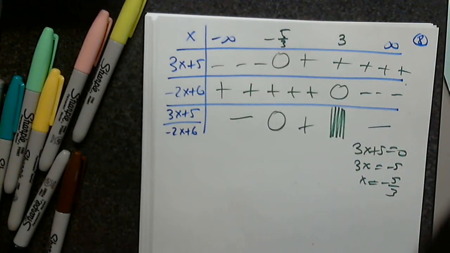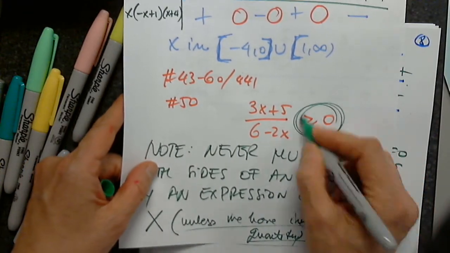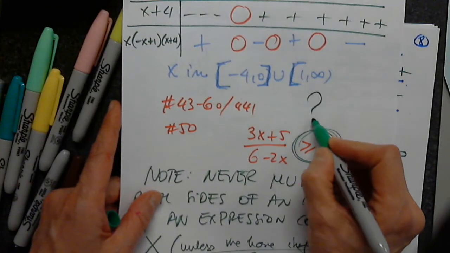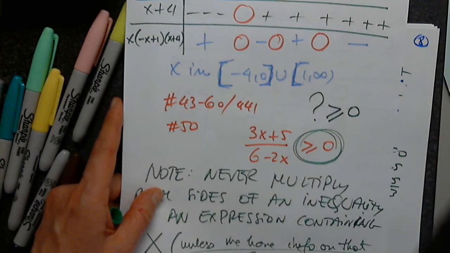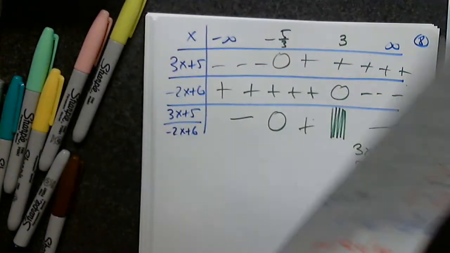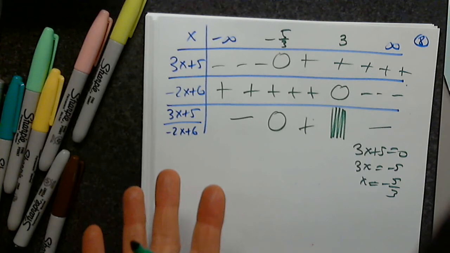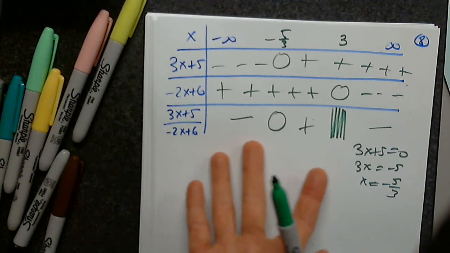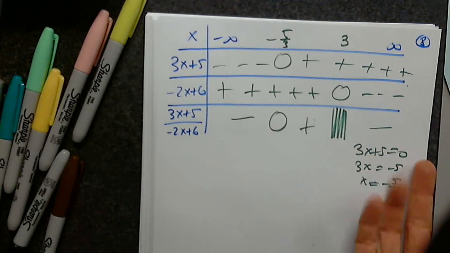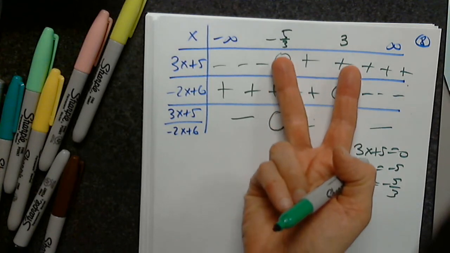Good. I'm done, but I have to look now and see what I am asked to find. What sign is greater than or equal to 0? What am I looking for? Good. Is the entire thing ever positive? For which values of x?